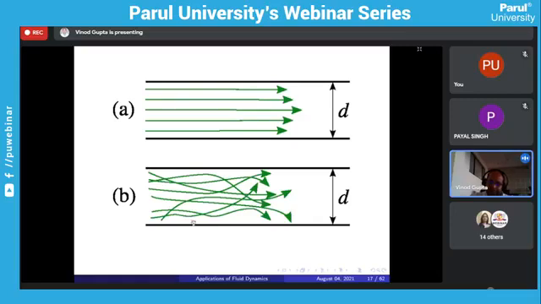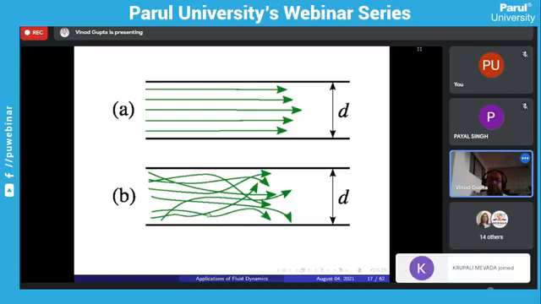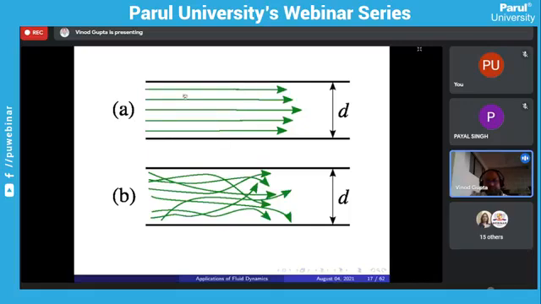And this is the turbulent flow. If the path of the fluid is not definite and it is an intersecting path, then it is called turbulent flow. The turbulent flow is known as the unstable state. So we will talk about the stability, then we will see the laminar flow.